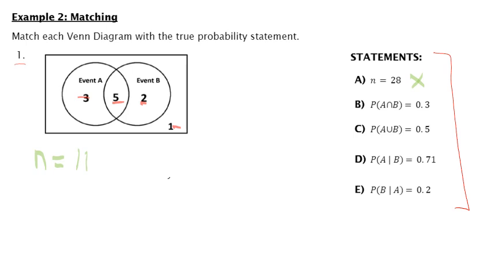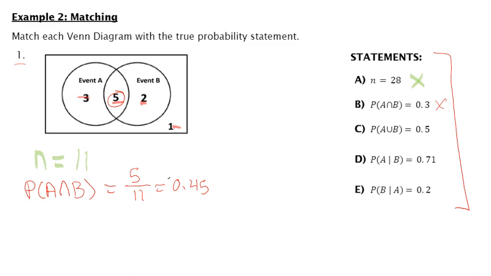We then see, what's the probability of the intersection for A and B? That's the probability of what they share in common, which is 5, over the sample size, which is 11. If I do 5 divided by 11, I get 0.45, or 45%, which doesn't match that 0.3, so B isn't going to match with it either.